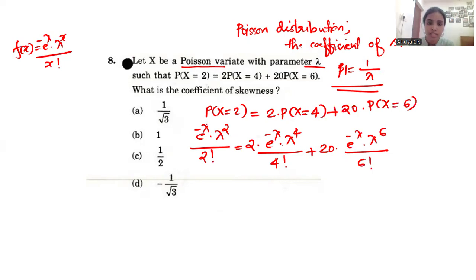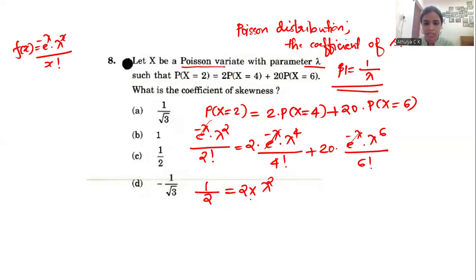So we'll cancel the e raised to minus lambda terms, since they exist on the left hand and the right hand side of the equal sign. And we can see that here lambda square is there, here lambda raised to 4 is there, here lambda raised to 6 is there. So we can cancel lambda square terms from both sides, right? So it will become 1 by 2 factorial, which is nothing but 1 by 2, equal to 2 into, what will remain if we divide with lambda square?